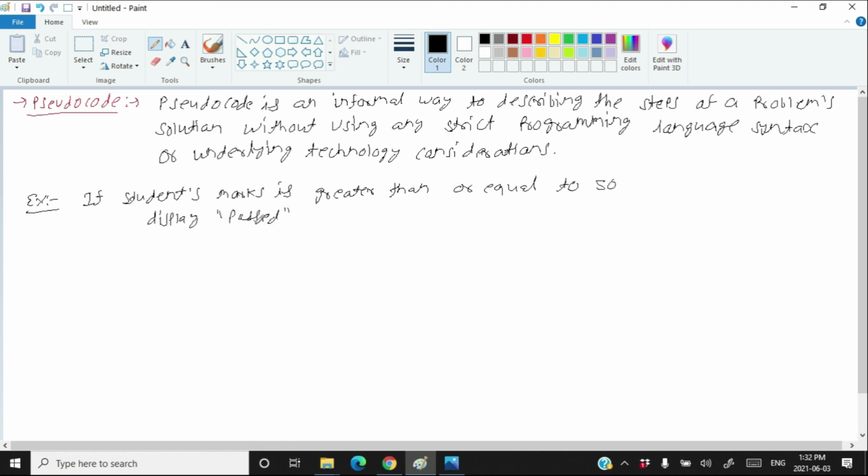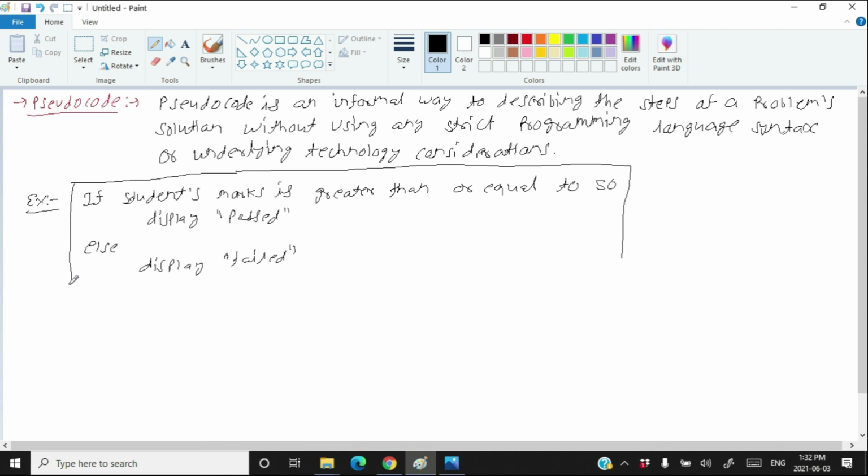Otherwise, that means else, display failed. This piece of pseudocode is not going to execute in any programming language. Right now I am not sure about any programming language, that's why I have written something informally. This is called pseudocode.